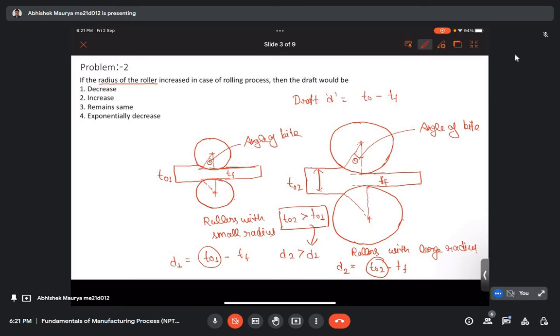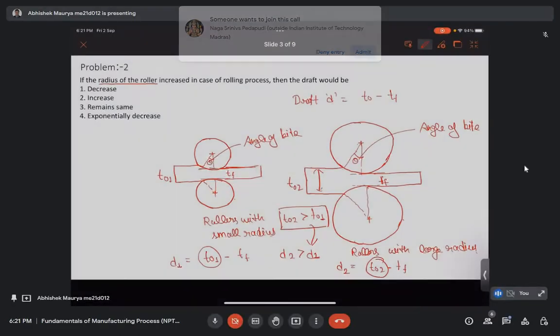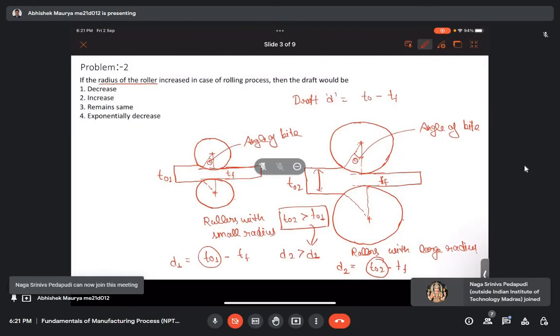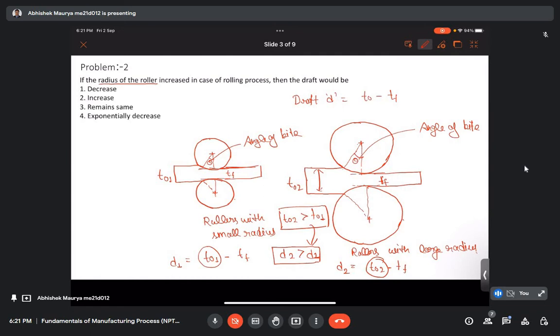It means D1 was the initial draft and D2 is the newer draft. So what happened? Draft value has been increased. So the correct answer for this question will be increase. If we increase the radius of the roller, then draft value will increase. So I think I have explained the solution of this question.